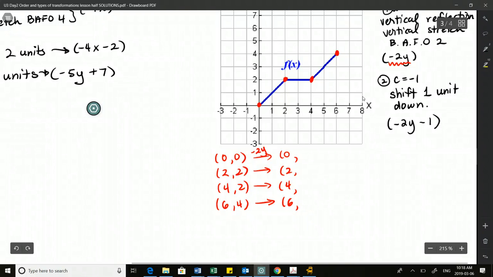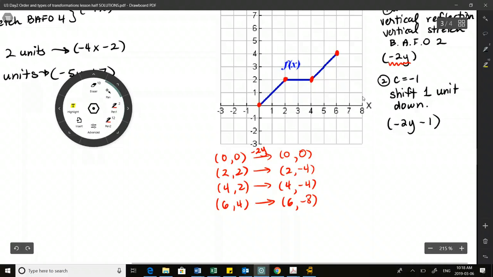So we're going to do -2 times y to get the reflection and stretch. So 0 times -2 is 0. 2 times -2 is -4. Same thing here. And 4 times -2 is -8. And I'm just realizing now that this goes way off the graph, which is not ideal.